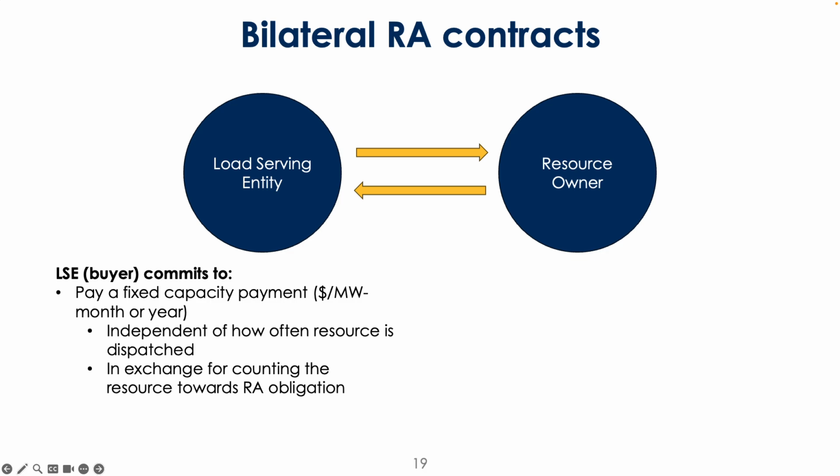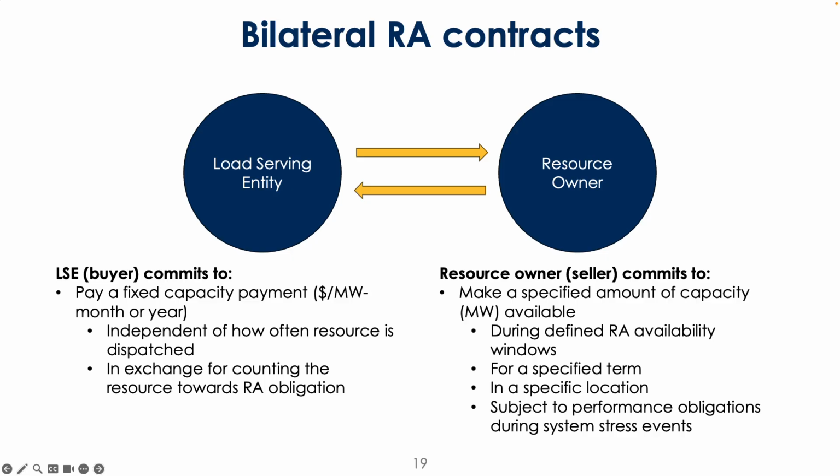Is this like a power purchase agreement but for capacity? Yes. So in exchange for counting the resource towards your RA obligation, your resource adequacy obligation, the resource owner promises to the load serving entity that they will make a specified amount of capacity available, right?